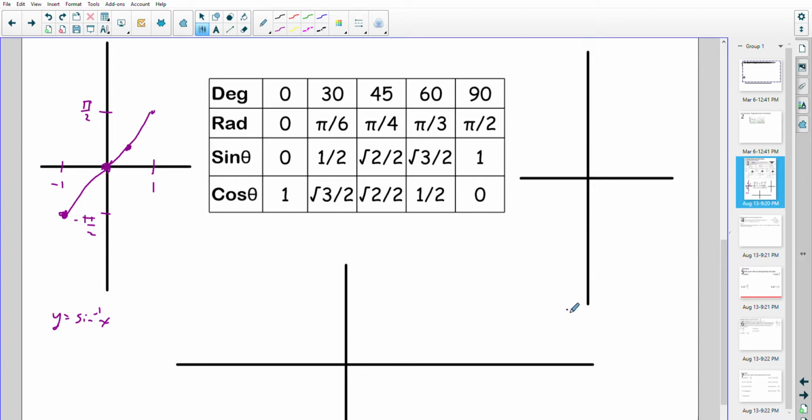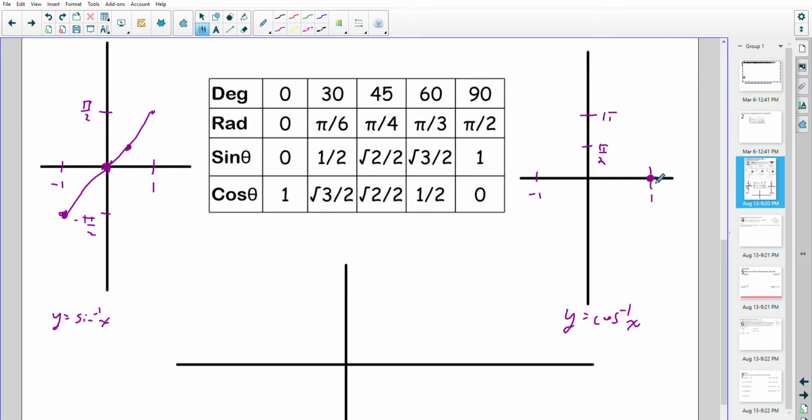Let's go to the inverse cosine graph. You could also say arc cosine of x. Again, putting up the general numbers. And notice what happens on this one. 0 to 1 means now 1, 0.